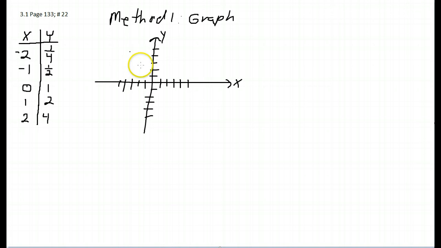Alright, now our first point is -2, 1/4.